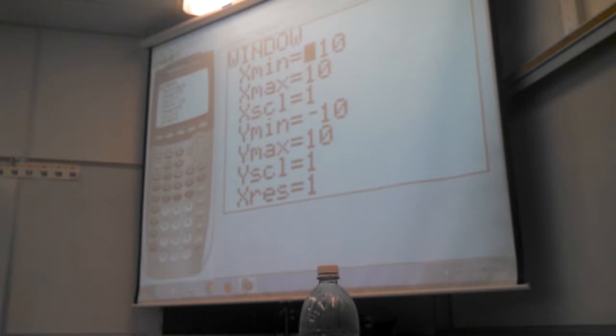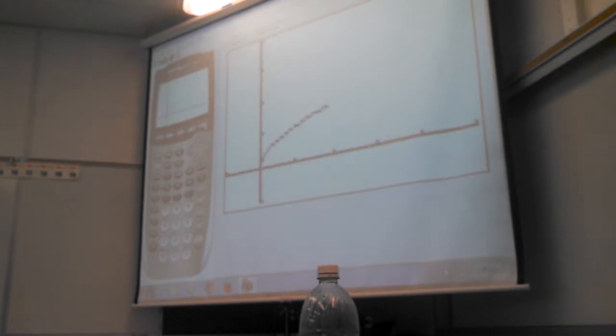Let's make the window -1 up to 5, so I can see my whole interval, and we'll make this -1 up to 4. All right, so there's my square root function. Here comes the tangent line. And actually, let me graph one more thing that we should graph here.